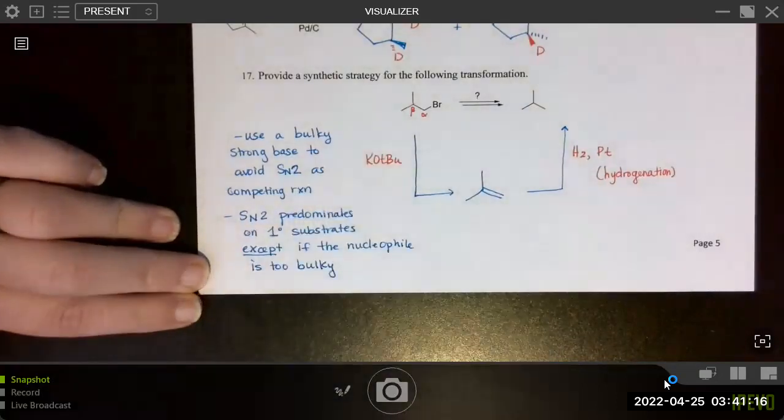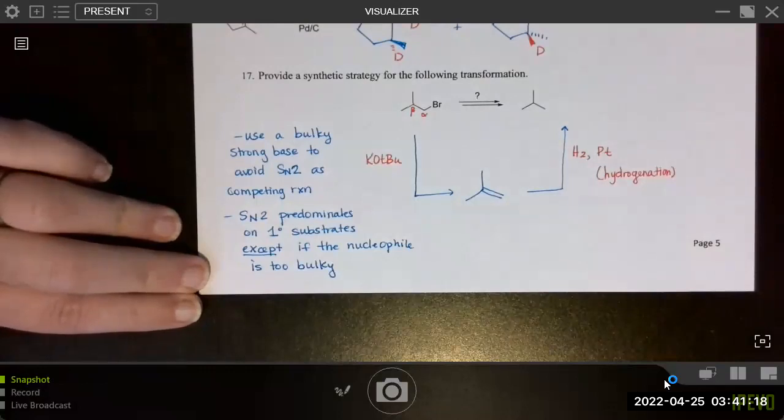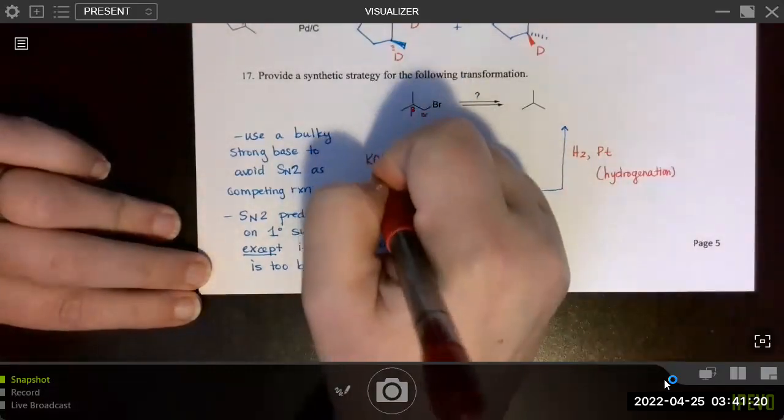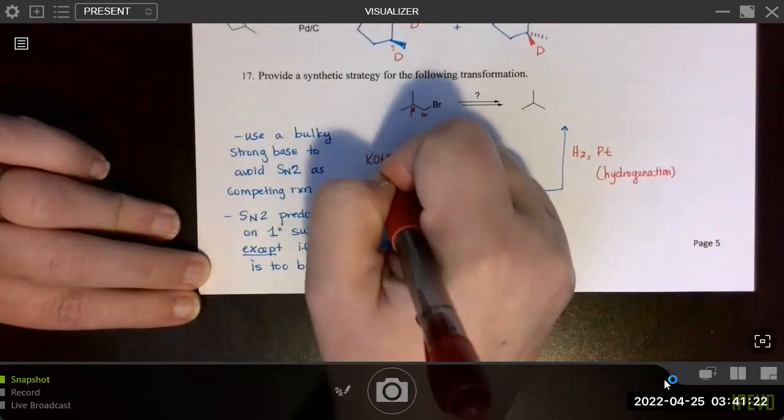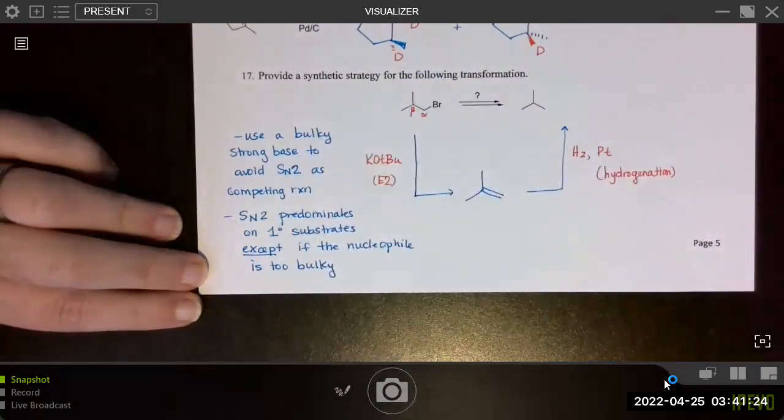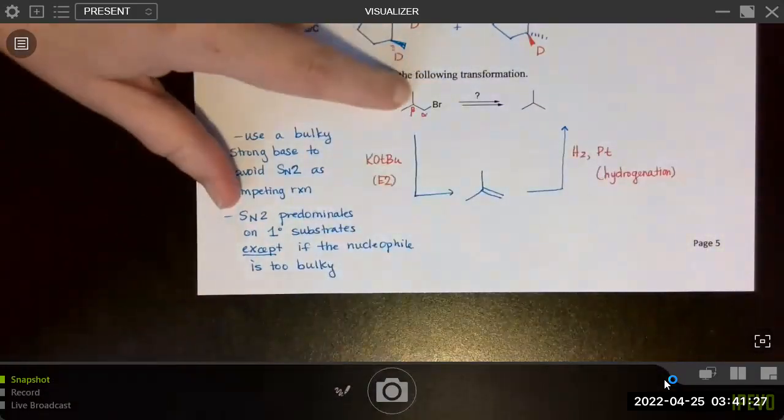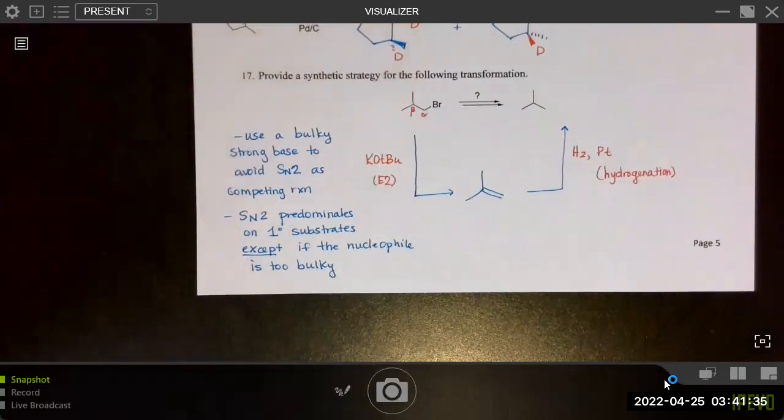So to prevent SN2 occurring, we want to do E2, right? Then we're going to use a bulky base, and it's not because we care about Zaitsev-Hofmann. There is no Zaitsev-Hofmann in this case. There's only one beta carbon. It's just to prevent substitution.